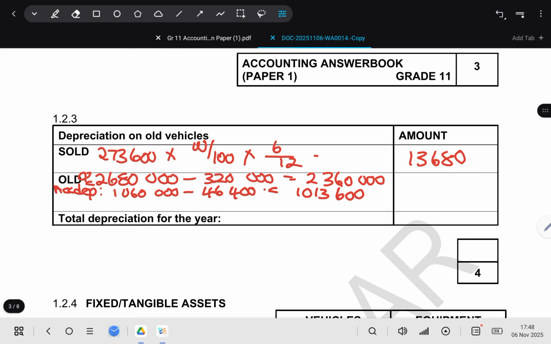1,013,600. So our carrying value will be 2,360,000 minus 1,013,600. Let's see how much we're getting. So 2,360,000 minus 1,013,600.